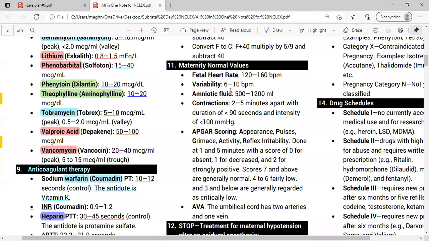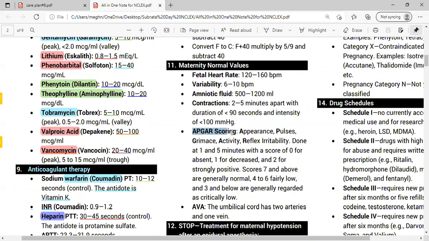And variability is 6 to 10 beats per minute. Amniotic fluid is supposed to be 500 to 1200 ml. Contractions should be 2 to 5 minutes apart, with duration less than 90 seconds and intensity of less than 100 millimeters of mercury.